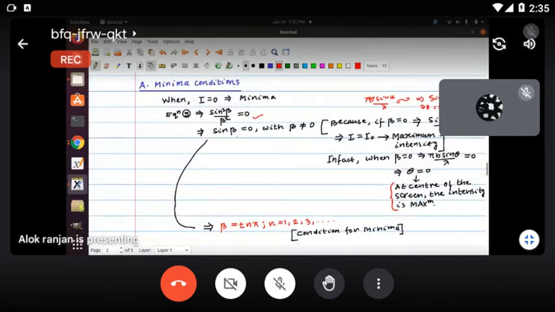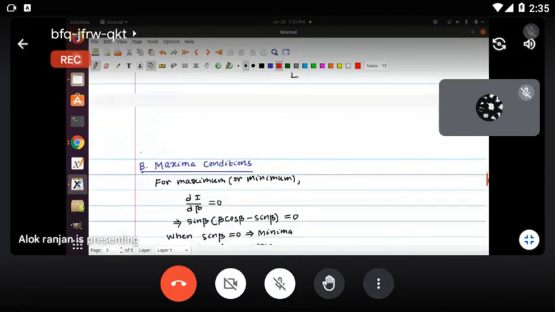So coming back to this mathematical expression, which will help us find the bunch of minima, that leads to beta equal to plus minus n pi, provided beta is not equal to 0. But here theta equal to 0 leads to the maximum. So this is the condition for minima. When beta equals plus minus n pi, that means b sine theta equals plus minus n lambda, then this is the condition for minima.